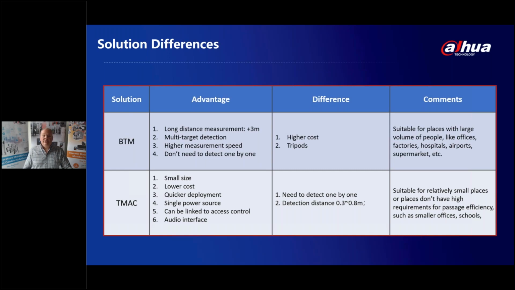It can also be linked to access control, and it has an audio interface, so it will talk to you to say access granted or access denied. But the difference is, you do it one by one as opposed to a group going through, and the detection distance is much shorter, this time between 0.3 and 0.8 of a meter. So you have to get physically closer to the TMAC system than you do with the BTM solution.